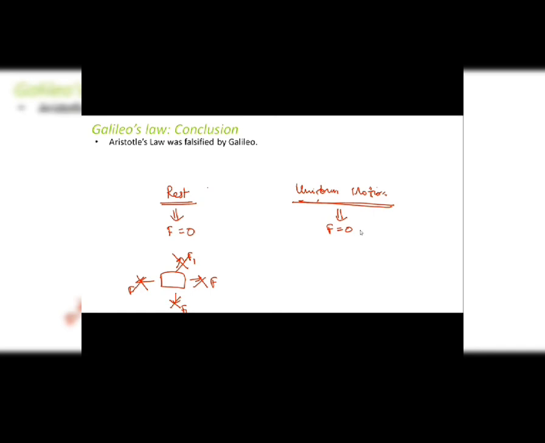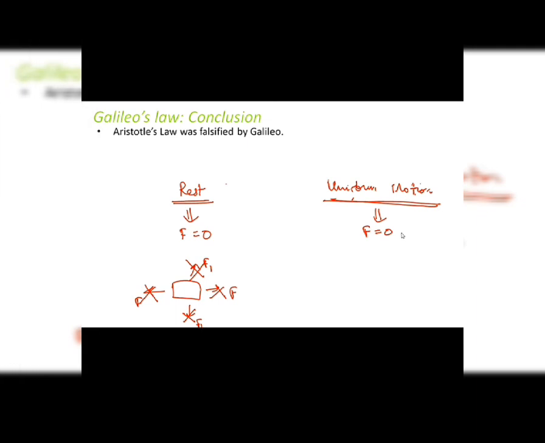That is, in both cases, the net force acting on a body is zero. But that doesn't mean there's no force acting on a body. That means either there is no force acting on the body, or the body is under the influence of balanced forces. So this was Aristotle's and Galileo's studies and research.